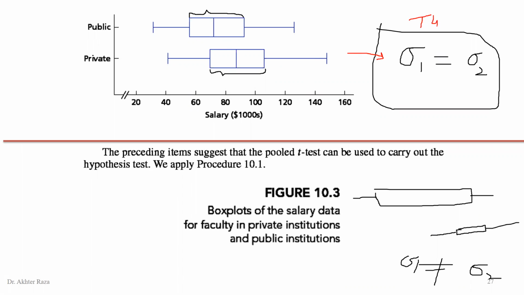If the box plots are like these, then you can assume the population standard deviations are not the same, and you can apply T5. So T4 and T5 depend just on the equality or inequality of the population standard deviations.